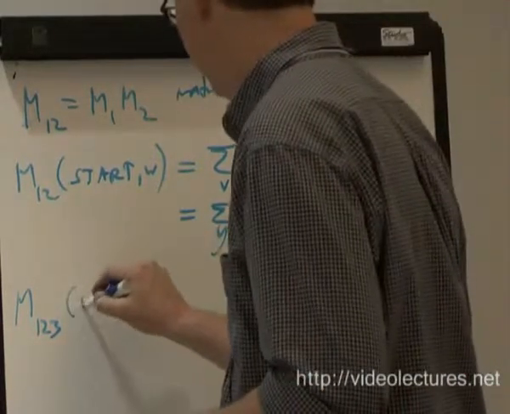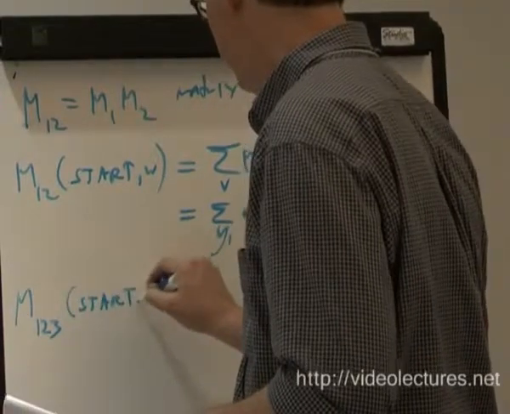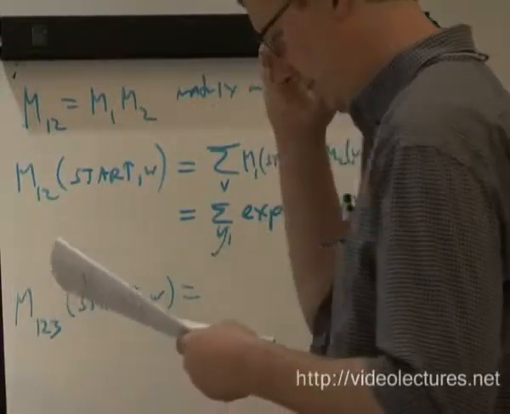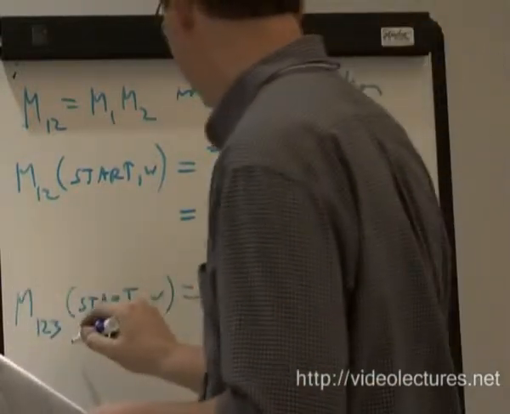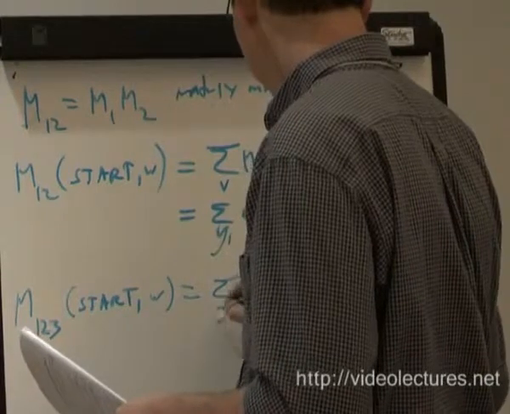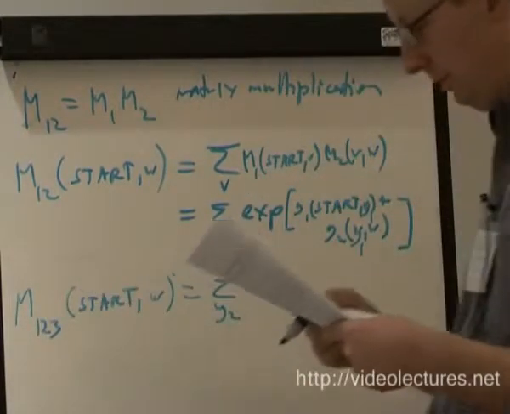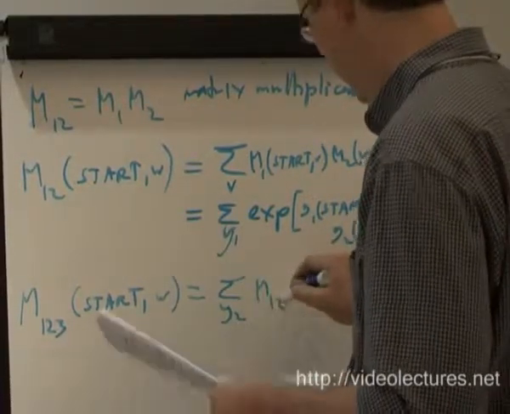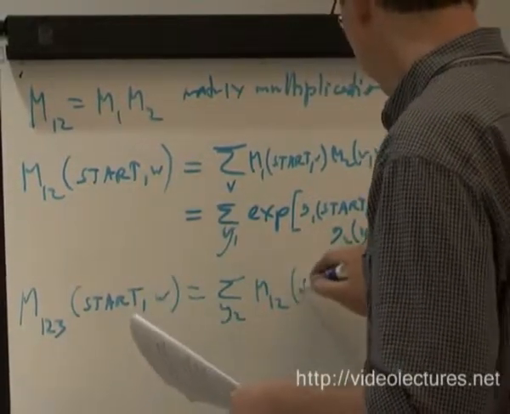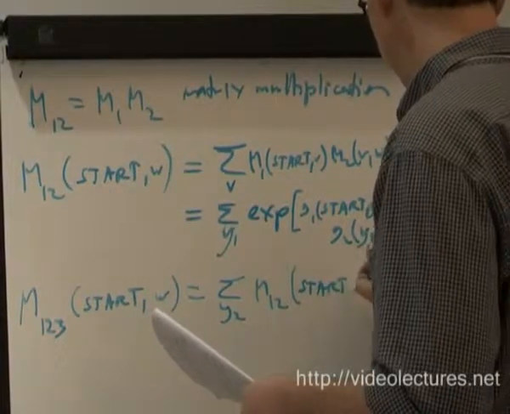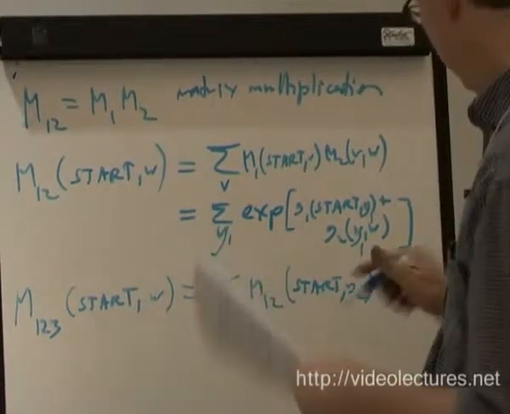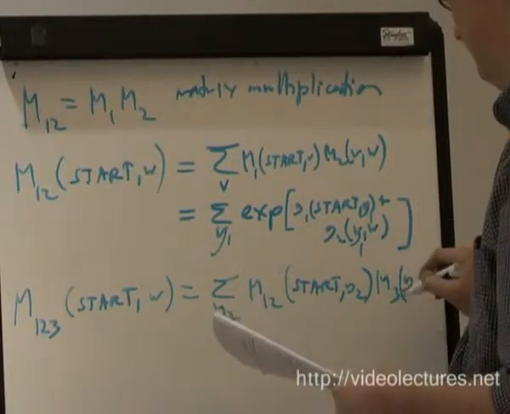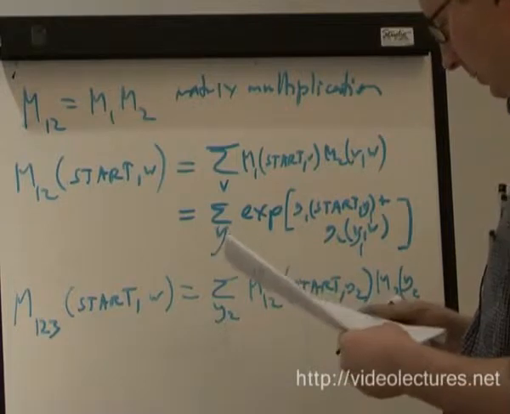And I look at the start, w entry in that, and it's going to be the sum over y_2 of M_12 of start, y_2 times M_3 of y_2, w.